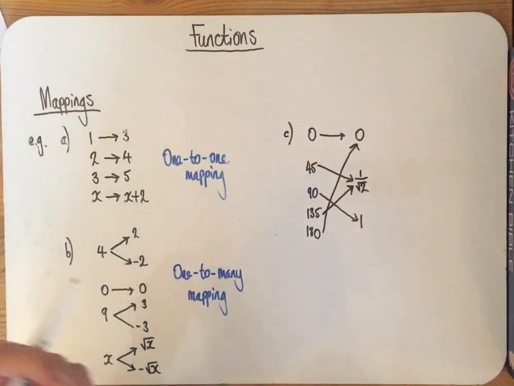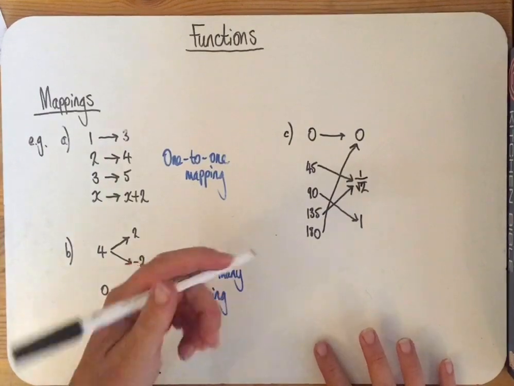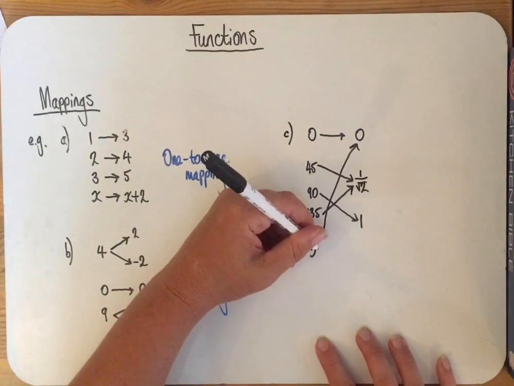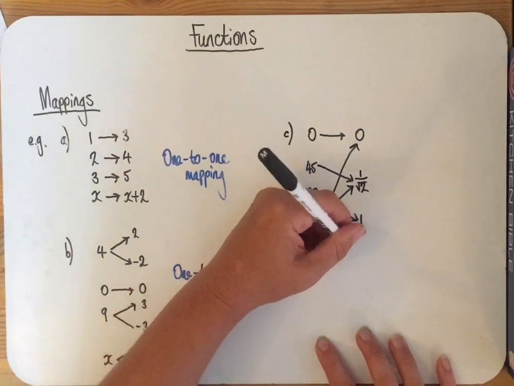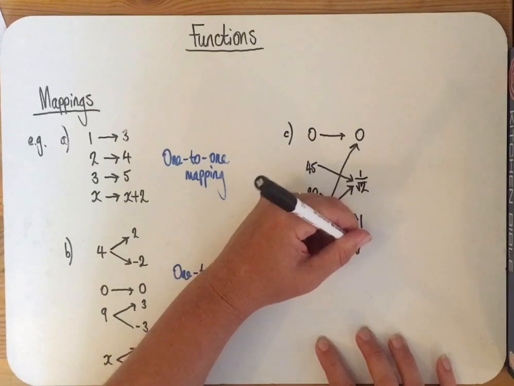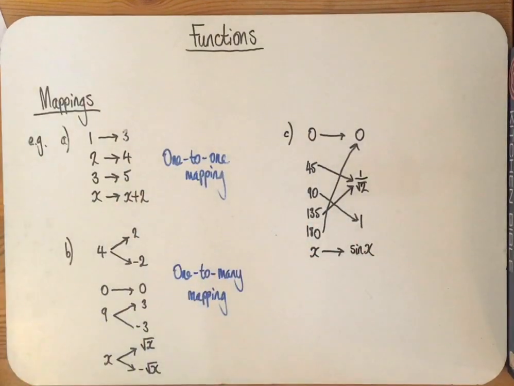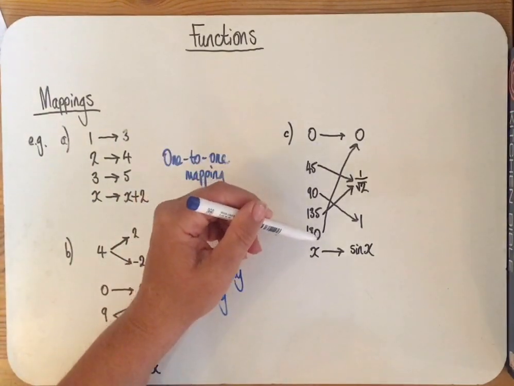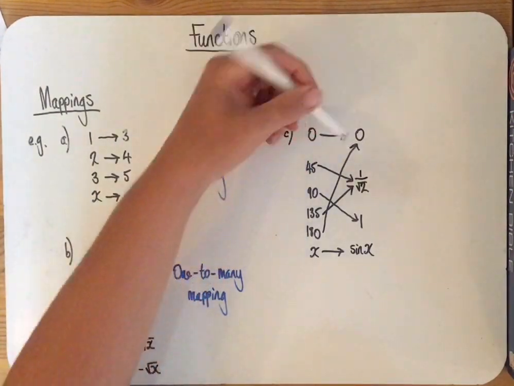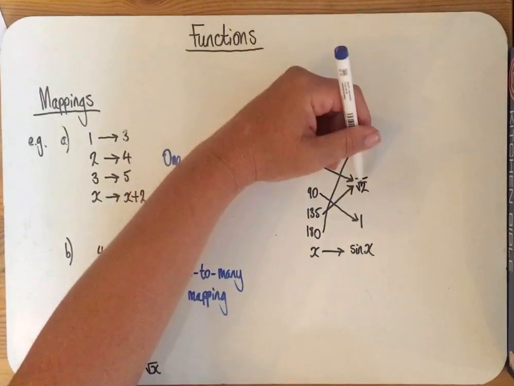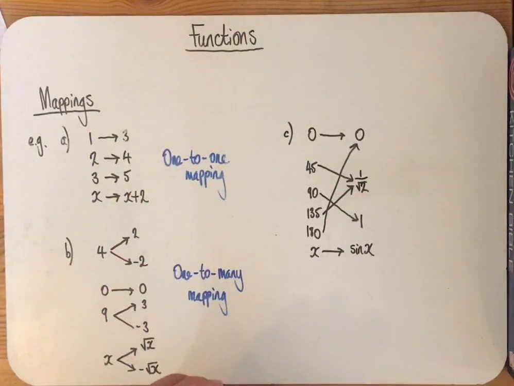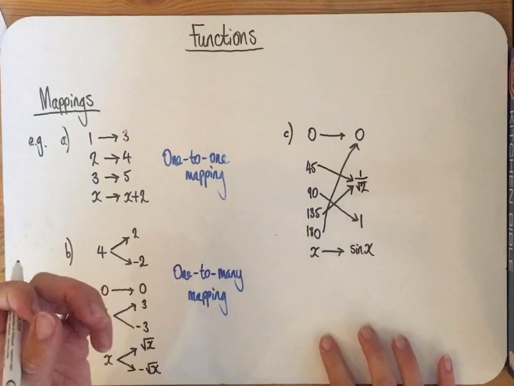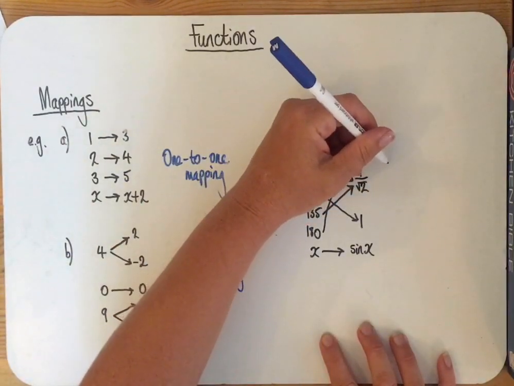I'd obviously normally get you to tell me what this mapping is, but x here is being mapped to sine x. So we have more than one element on the left hand side being mapped to a unique element on the right hand side, and that is an example of a many-to-one mapping.